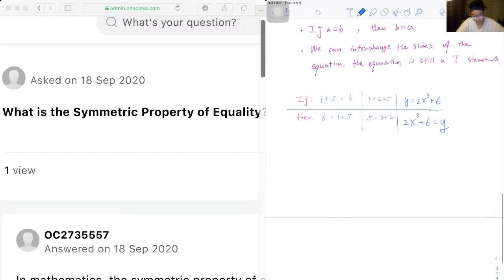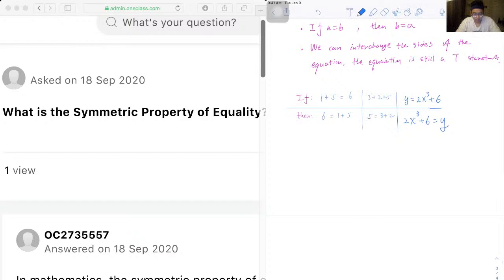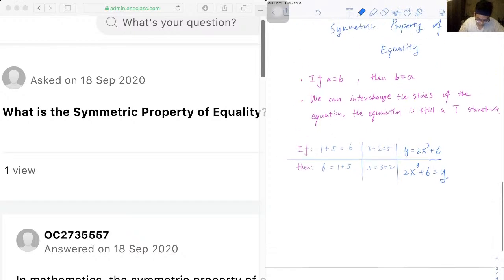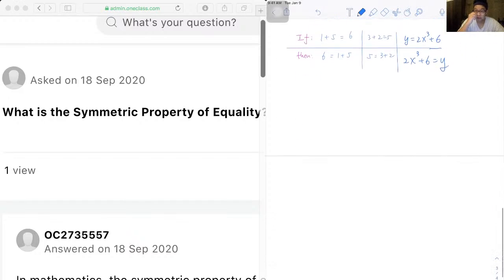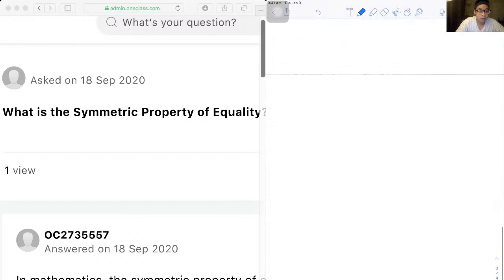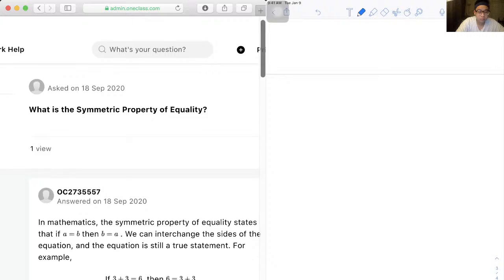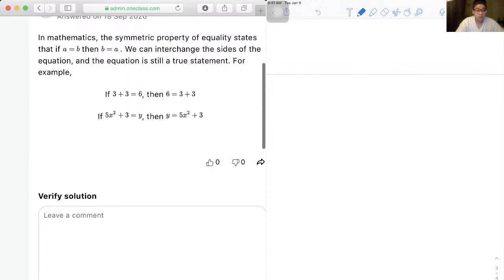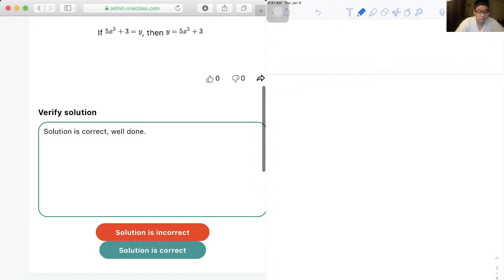So as you can see, we interchange the sides of the equation, and the equation remains true. Okay? Yep. So I think that's all we have for this part. So let's leave a comment. So solution is correct. Well done.